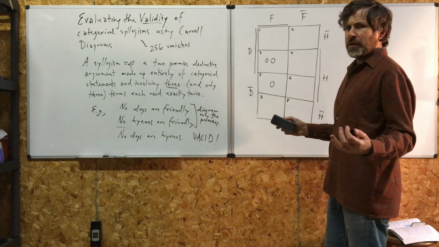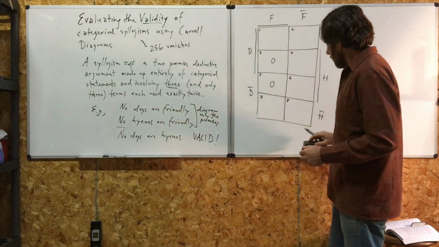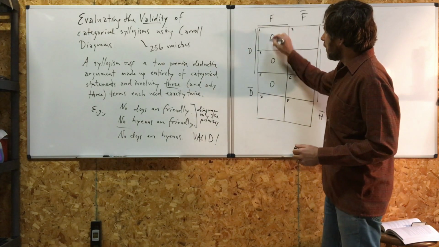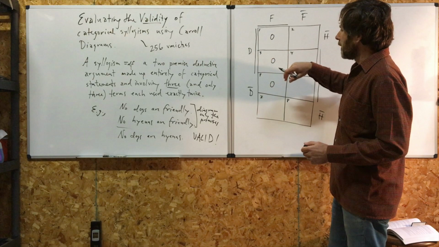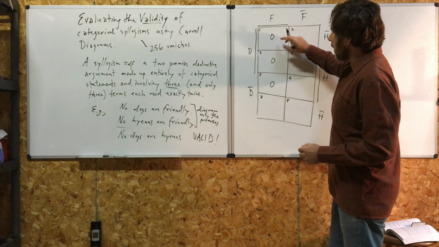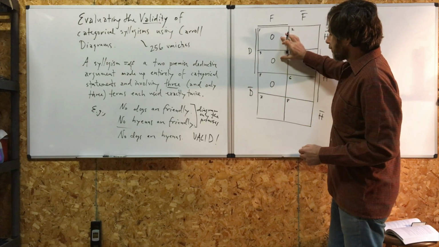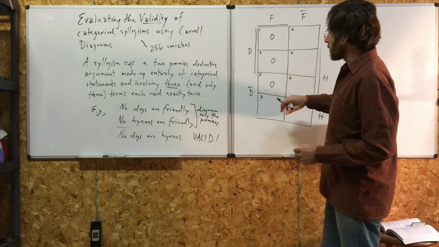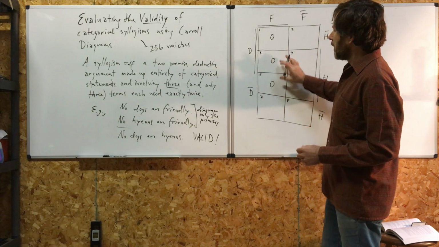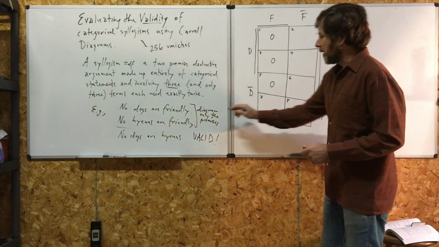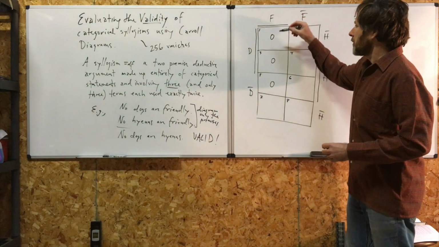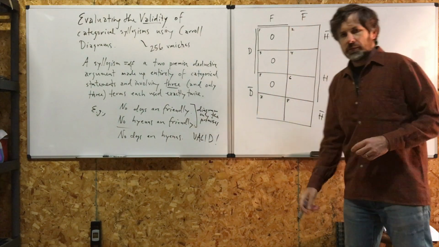It's like double empty. No, it's empty. So leave one zero there. But now we need a zero in 1. So premise 1 is diagrammed with zeros in 1 and 3. And then the second premise, 3 and 5. So now our diagram, only the premises, zeros in 1, 3, and 5.